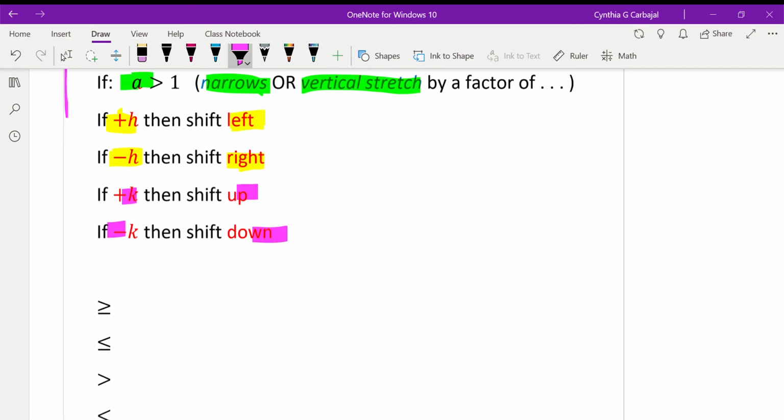The next part is what we haven't gone over yet, but you have seen it before in Algebra 1, where you have inequality signs. This first inequality sign is a greater than or equal to sign. Now, you know it's the greater than sign because you always read from the variable y.